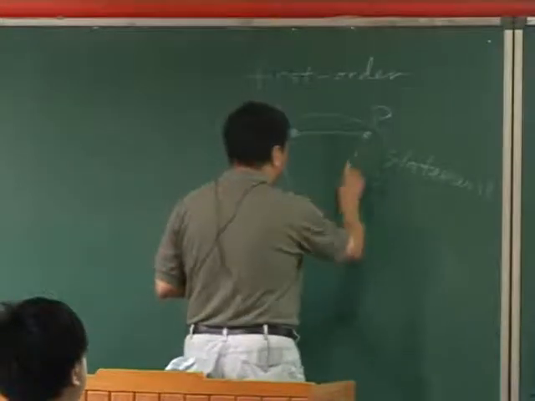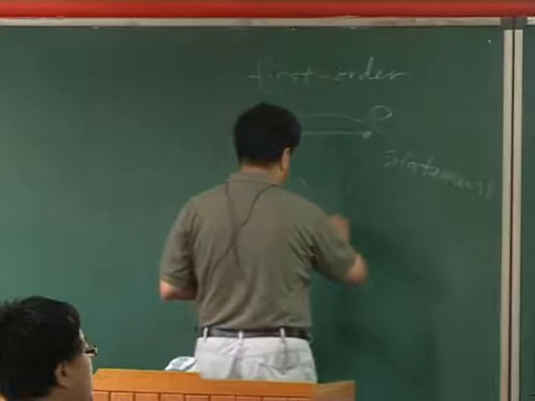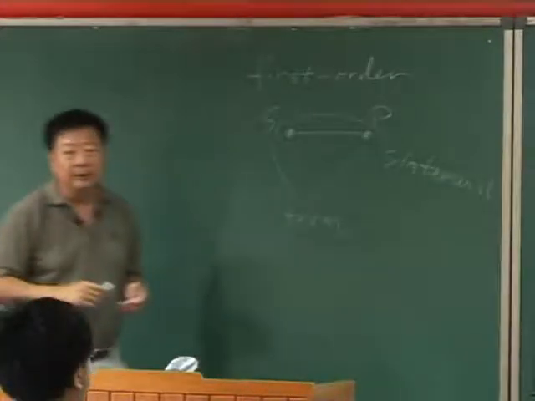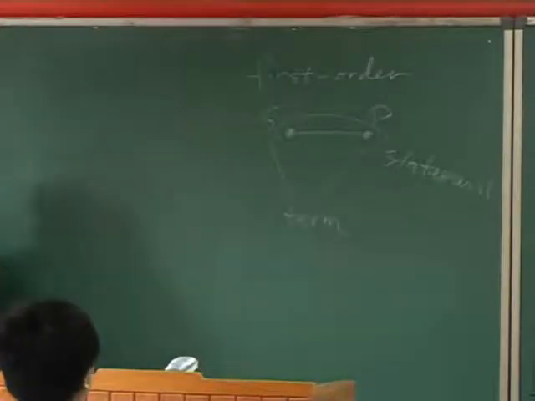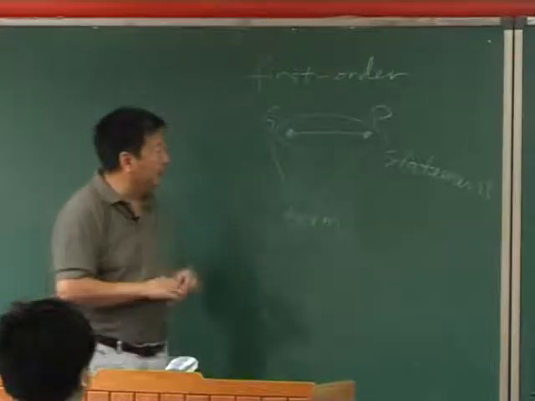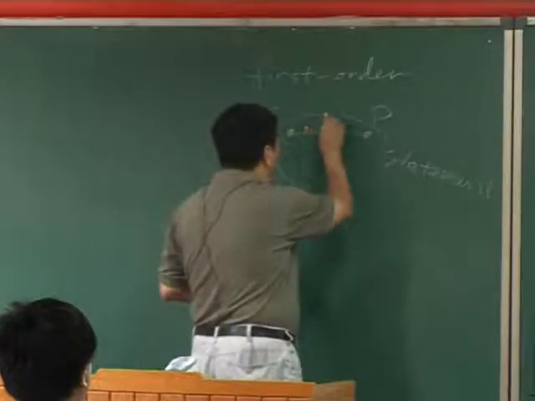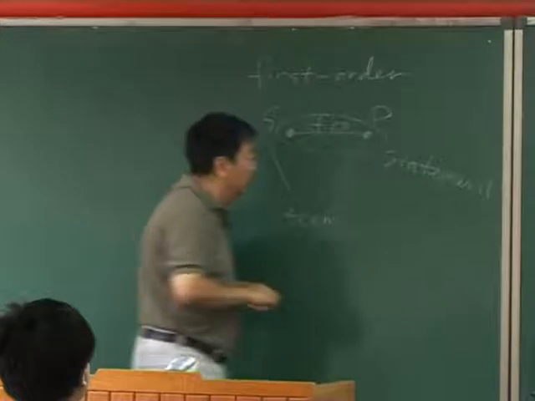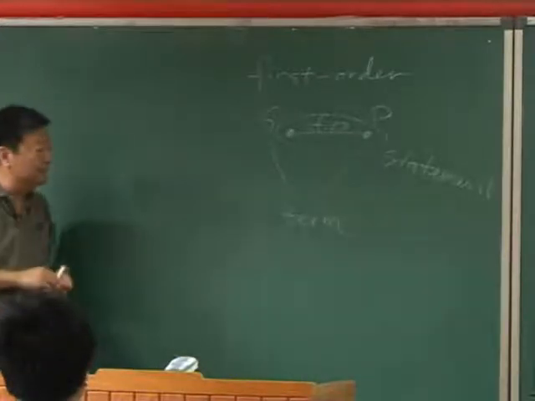And on the other hand, this one is called a term. So in this context, it's clearly separated between what is a term and what is a statement. And then truth value is attached here. So it's clean and nice.